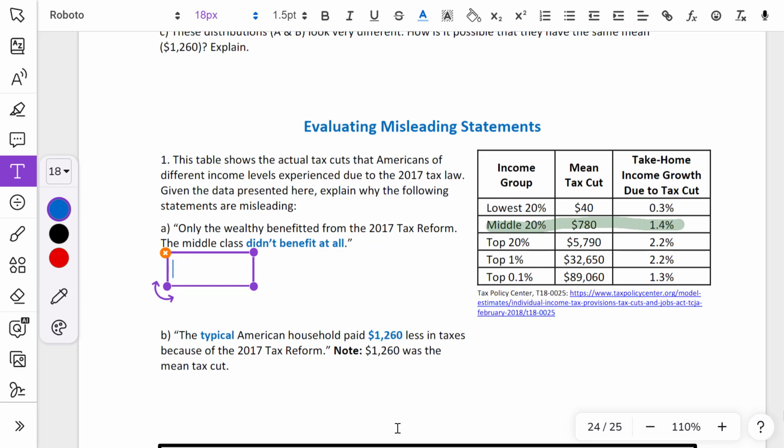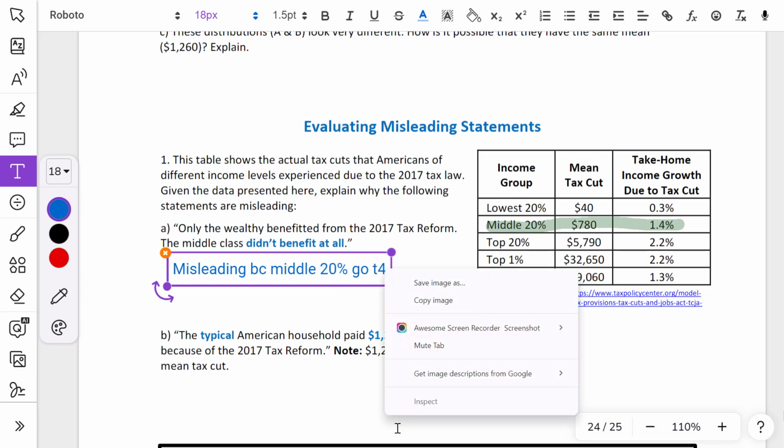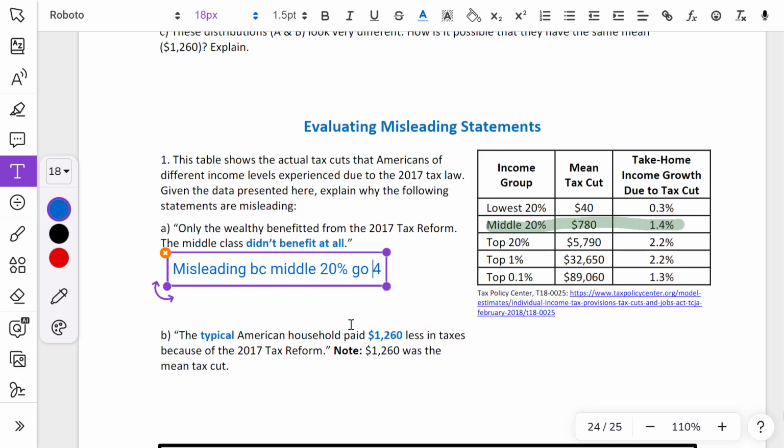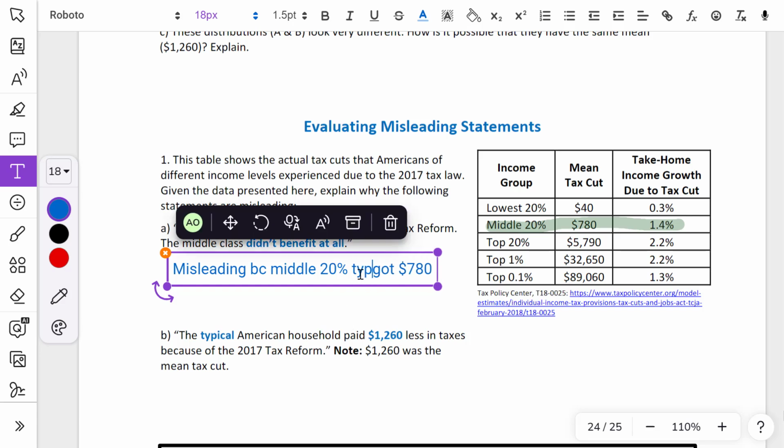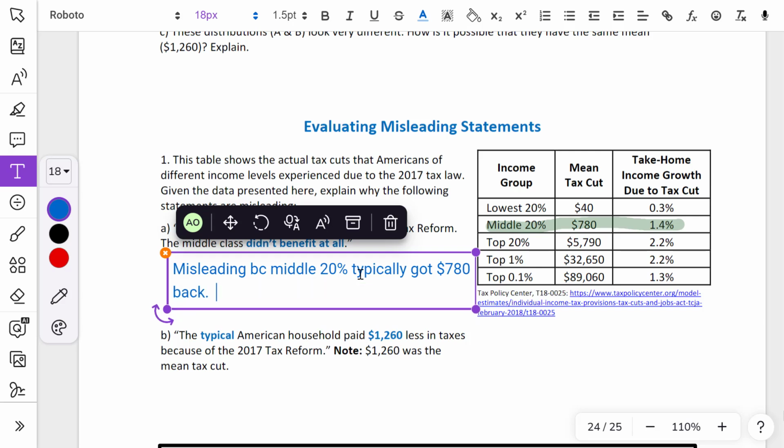So, misleading, because the middle class, 20%, typically got $780 back. Nothing to sneeze at, especially if you're middle class, right? If you're rich, maybe $780 isn't so impressive.